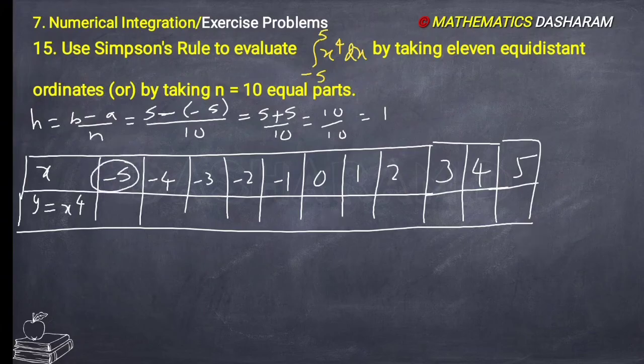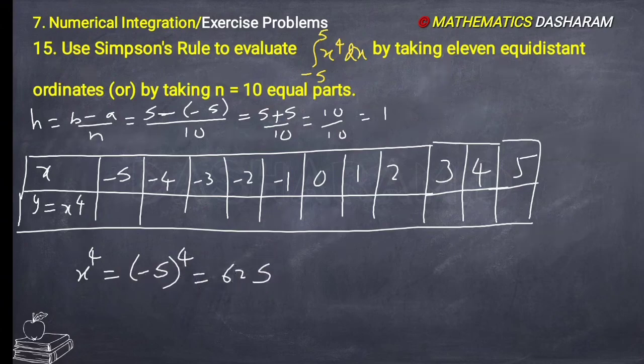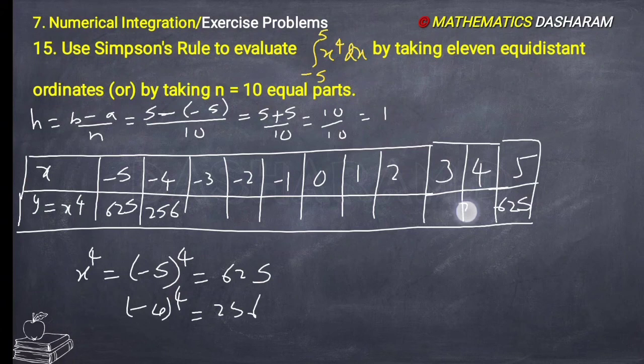When x value is minus 5, then x to the power of 4 equals minus 5 whole to the power of 4, which is 625. And here also the same, 625. Next, minus 4 to the power of 4 is 256. So here also the same, 256.